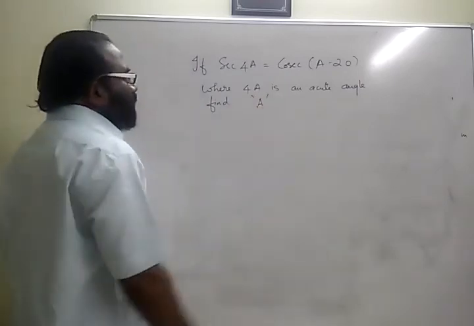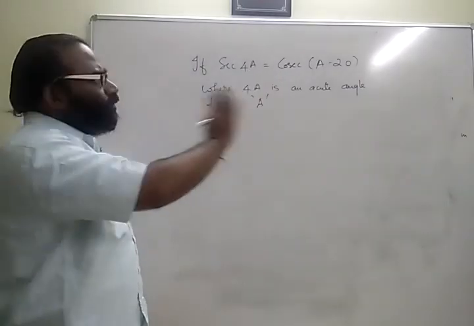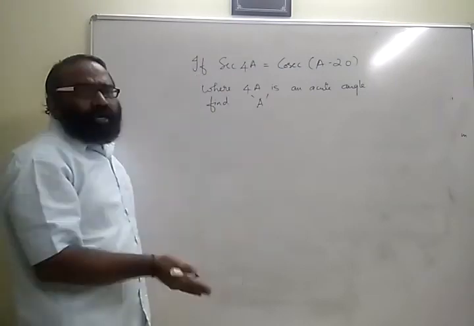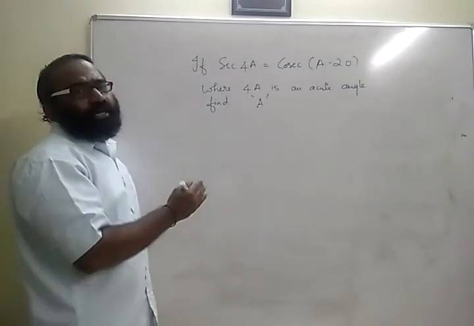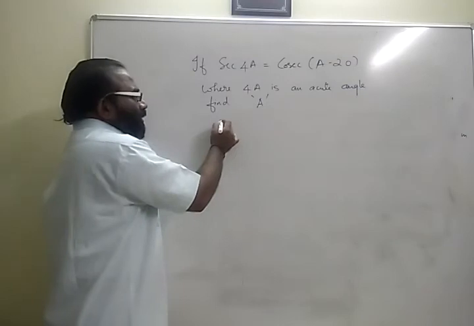Same method, no difference. Secant 4a, I can write it as cosecant 90 minus 4a.